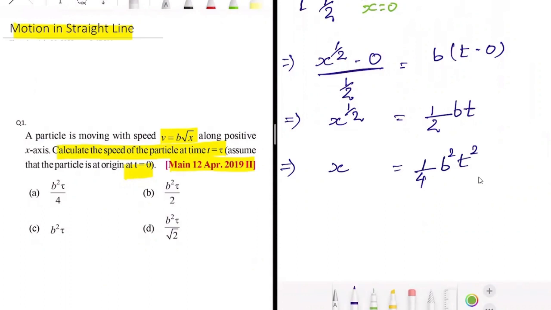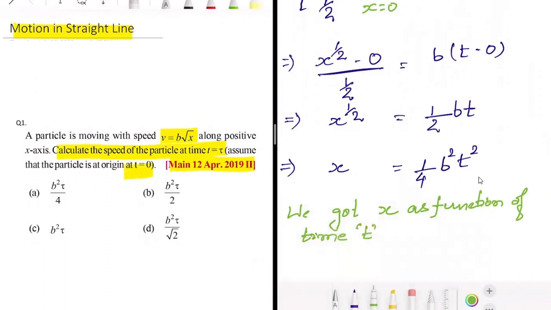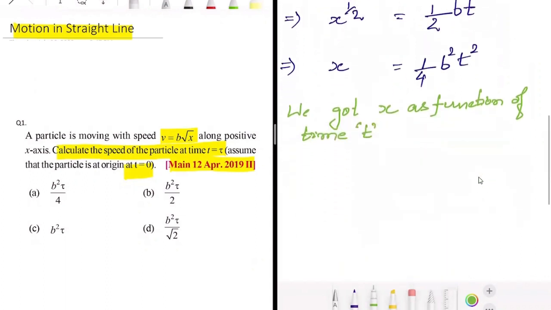Now we got x as a function of time t. So what do we do? Differentiating.